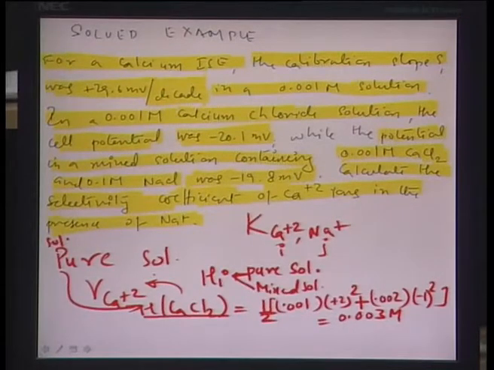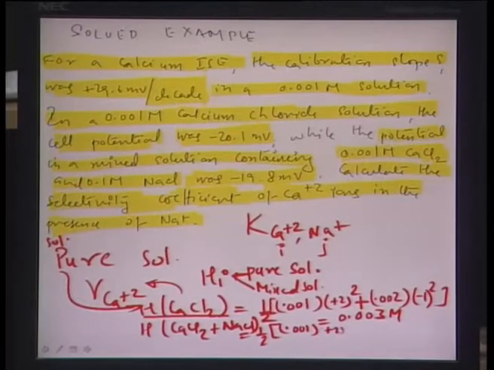This is the ionic strength of the pure solution, which is needed to calculate gamma Ca plus 2 pure. Let us also calculate the ionic strength of the mixed solution, which has both CaCl2 and NaCl. So, we have half times the concentration of CaCl2, 0.001 molar as reported in the mixed solution, with plus 2 square, plus 0.002 for the chlorine times minus 1 square, plus again 0.1 times 1 square, 1 being the valency of the sodium, plus 0.1 times minus 1 square.